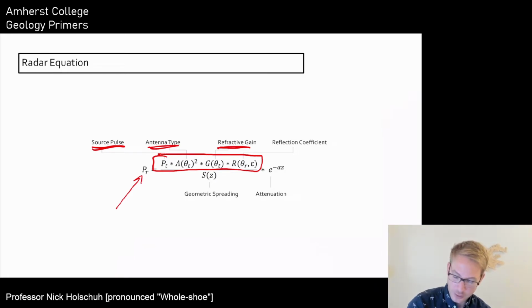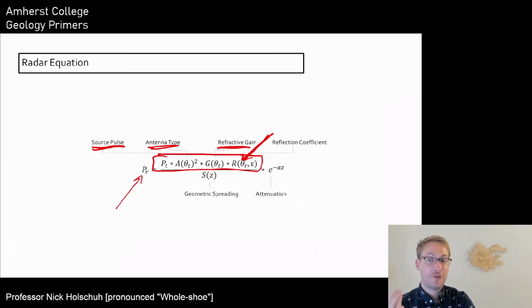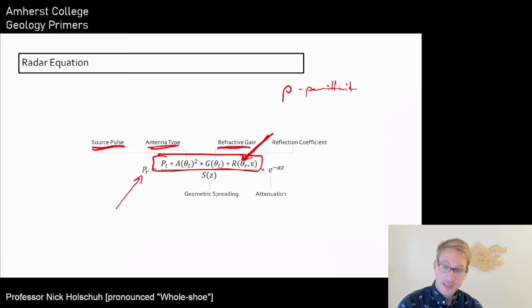Oh, actually, there's one other term that is important in here that I want to mention. This is in some ways the most important term. This is the reflection coefficient. And this is defined by the contrast in the electrical properties. There's this property called the dielectric permittivity. It controls the speed of light in ice.